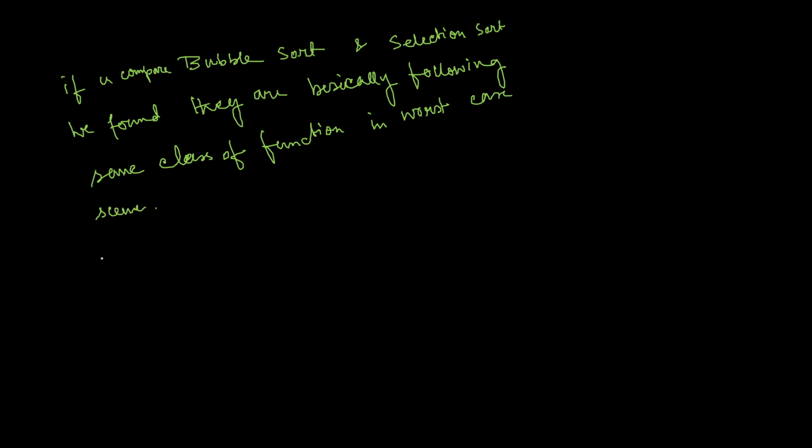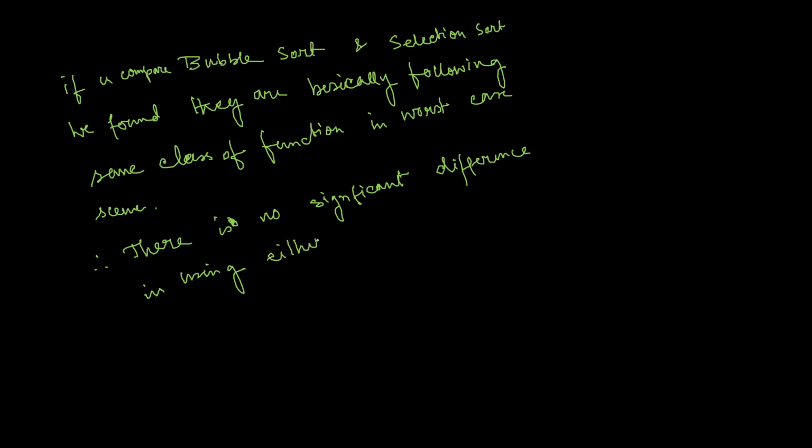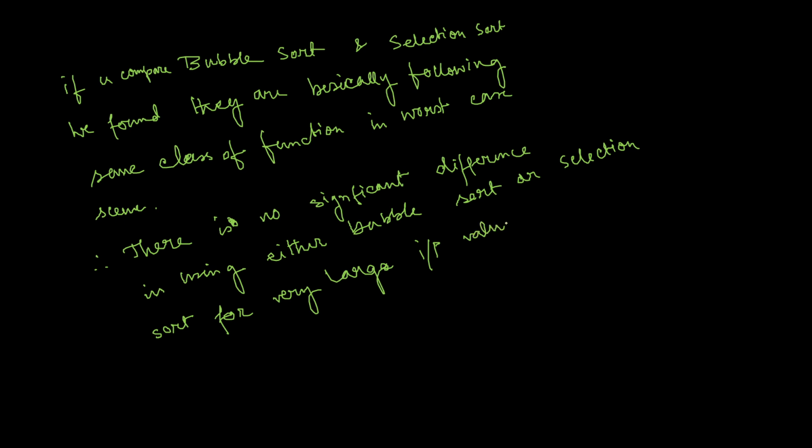That means there is no significant difference in using either bubble sort or selection sort for a very large value of n, large input value. Both are order of n square.